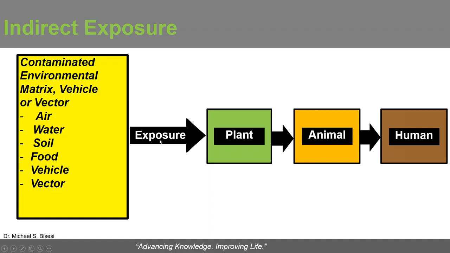So you can see that with indirect exposure involving the food chain, this could be the contaminated matrix on the left, air, water, soil, for example, and the contaminant, whether biological, radiological, or chemical, can contaminate a plant source. And an animal may be grazing on those plants, and now by virtue of consuming the plant, depending on the agent, it can accumulate in the animal.